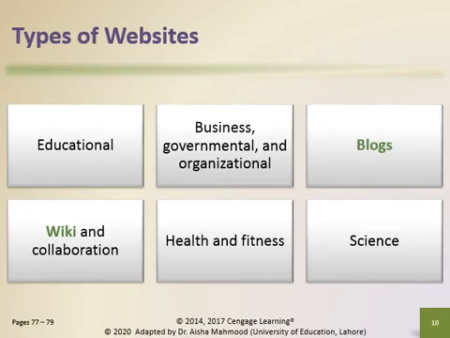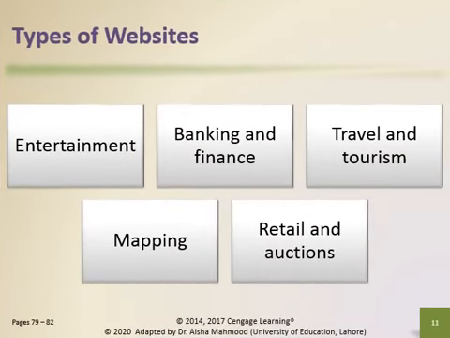There are other types as well, like educational, business, government and organizational, blogs, wikis and collaboration, health and fitness, science, entertainment, banking and finance, travel and tourism, mapping, retail and auctions.